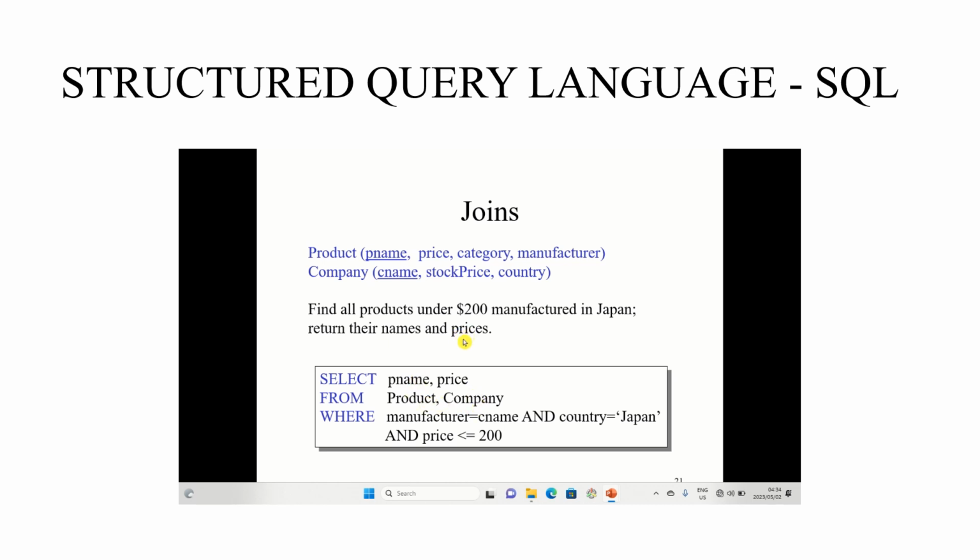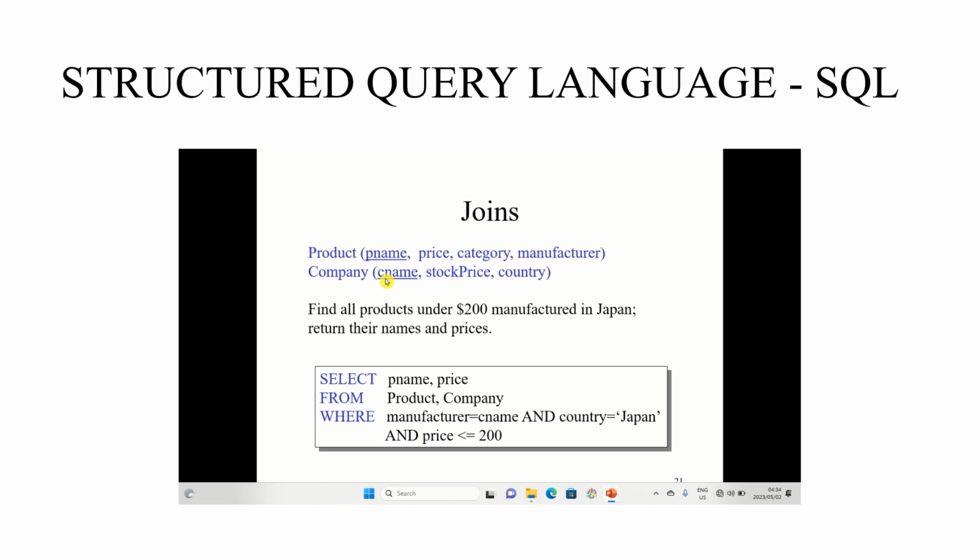Okay. So price will be listed here because they say return their names, prices. So P name from product. Price is still from product, but what touches on company is the country, the issue of the country, Japan. Now you have to establish the join between the two, which we did in the previous section.